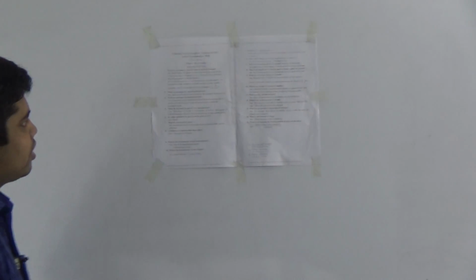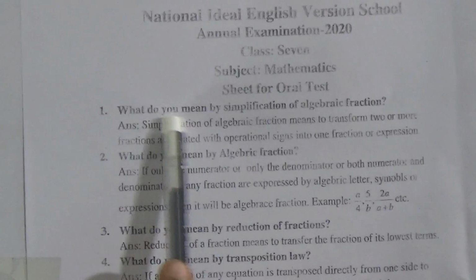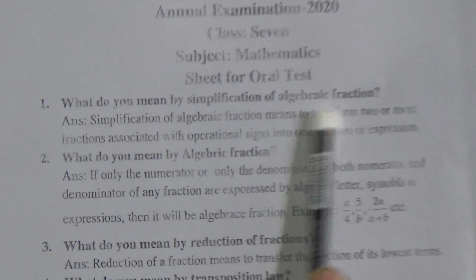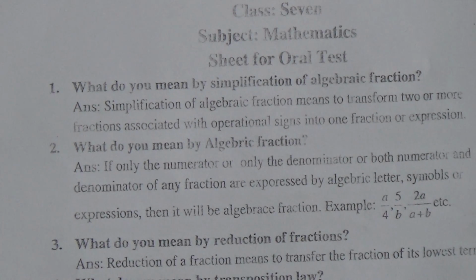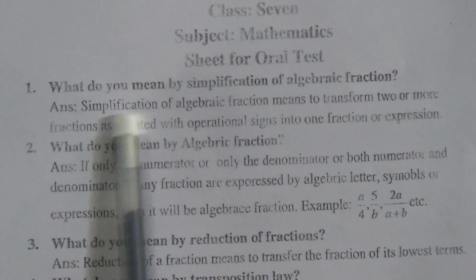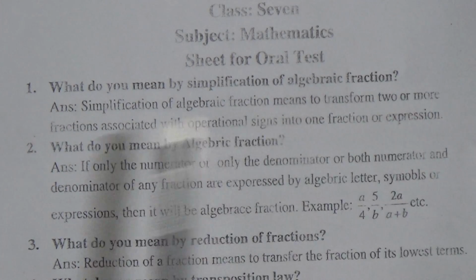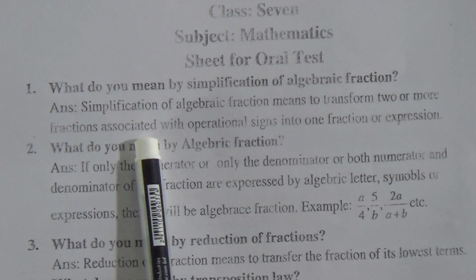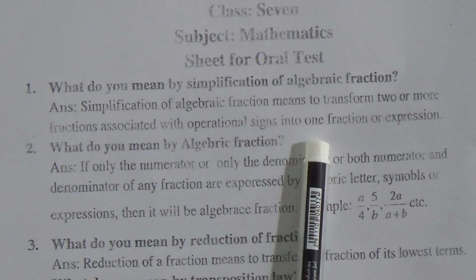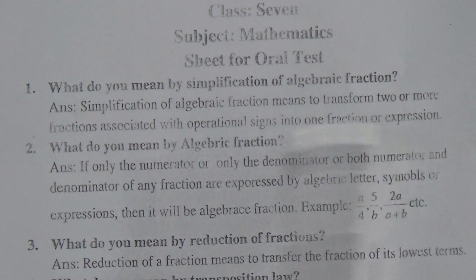So the first question is, what do you mean by simplification of algebraic fraction? Notice, simplification of algebraic fraction means to transform two or more fractions associated with operational signs into one fraction or expression.